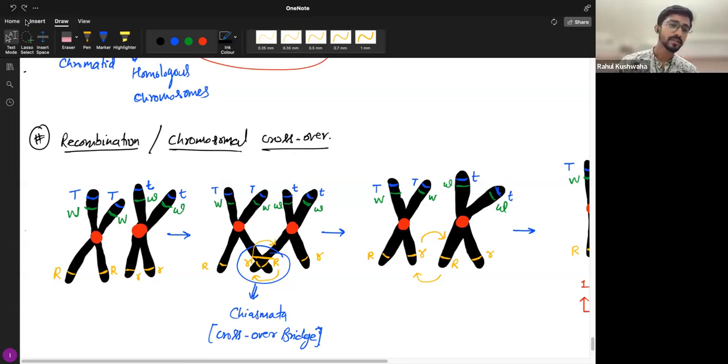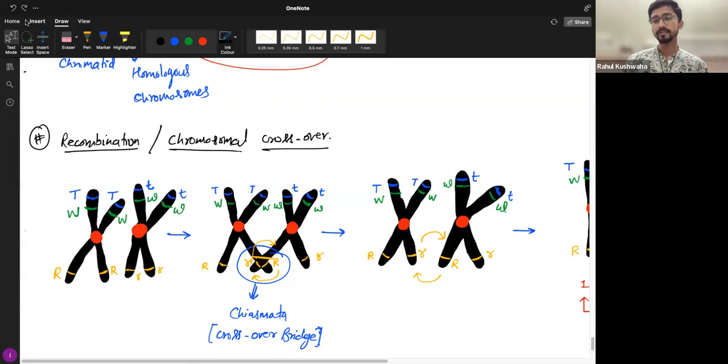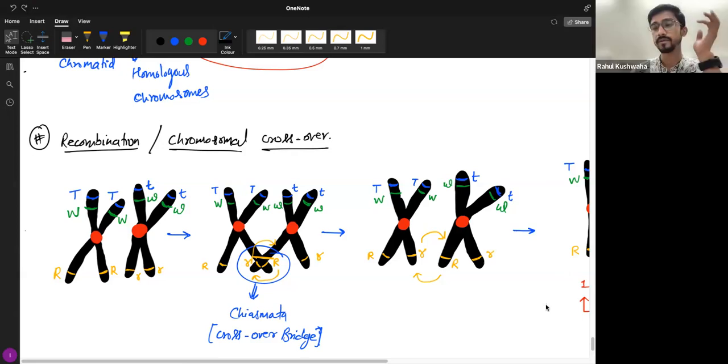Now, let me ask you a simple question. There are three alleles we have taken here, T, W, and R. Which two alleles, or which pair of alleles, do you think is more linked and will show less recombination? T and W. Everyone agrees with that?